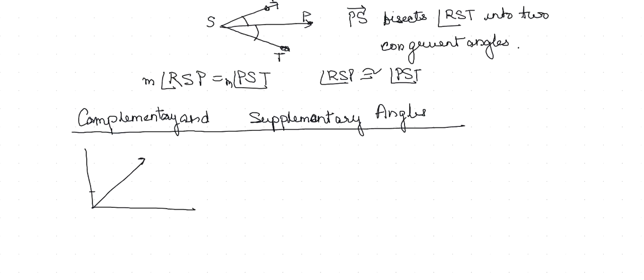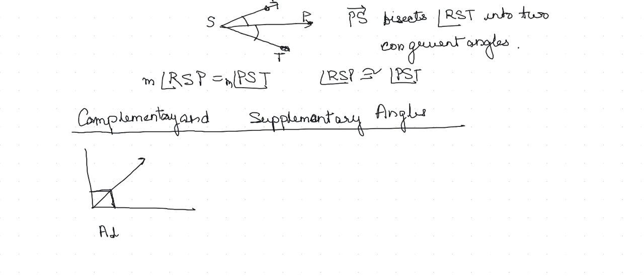So these two angles add up to 90 degrees. This sign indicates 90 degrees. They can be adjacent or non-adjacent. Adjacent means that they have a common vertex and a common side.